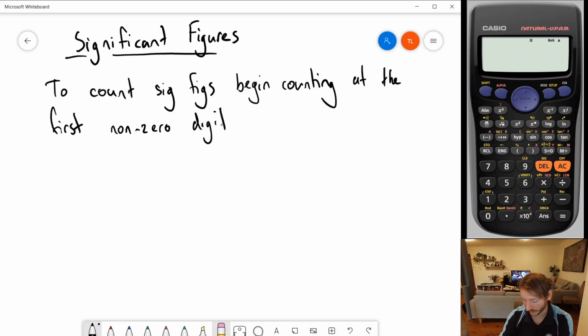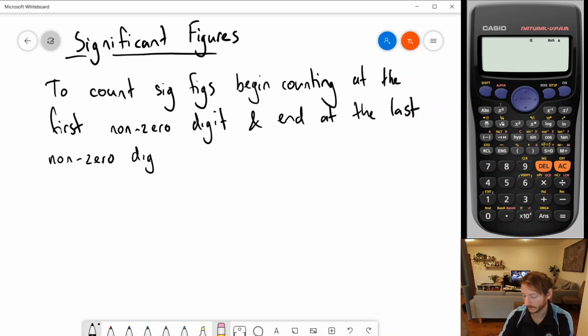So the first number that's not a zero, start counting and keep counting until the last non-zero digit. So there might be zeros in the middle there, and so we have to count them, but just say the number was 202,000. Those last three zeros we do not count. We ended at the last non-zero digit, which was a 2.